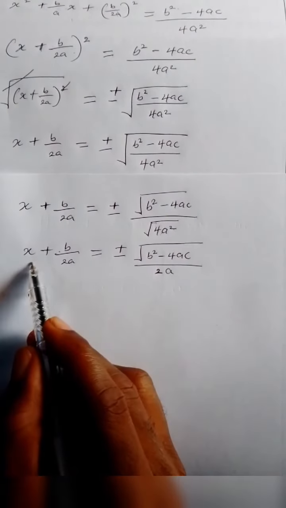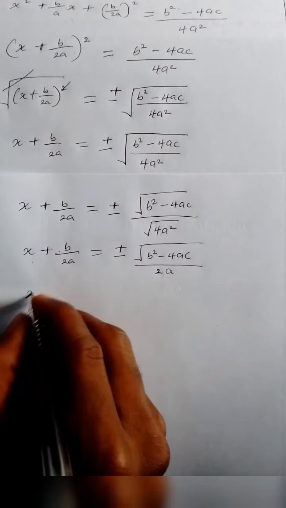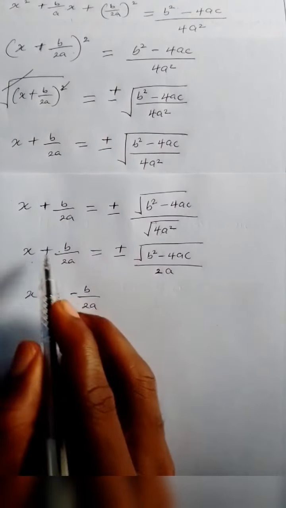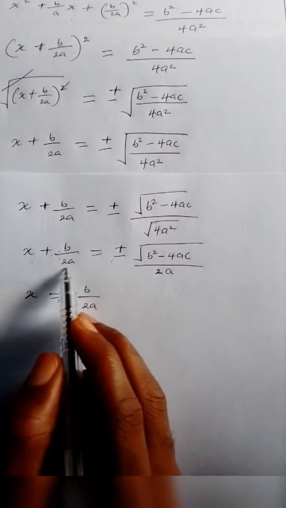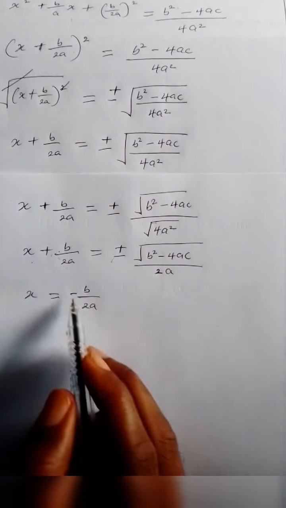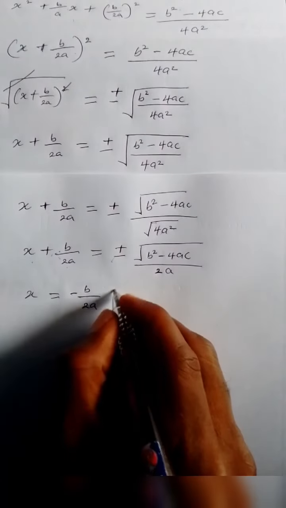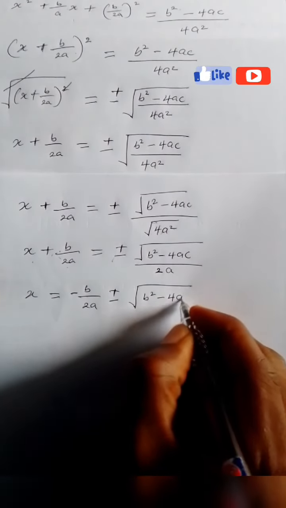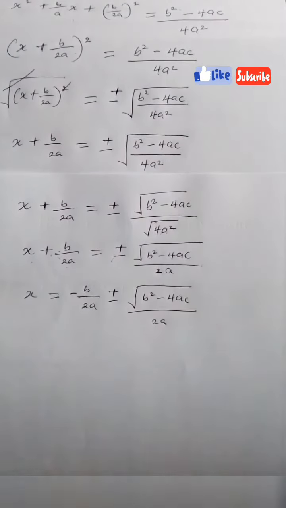Then we make x the subject of the formula. We have our x to be equal to minus b over 2a. When you take plus b over 2a to the other side of the equation, you have minus b over 2a plus or minus square root of b squared minus 4ac over 2a.